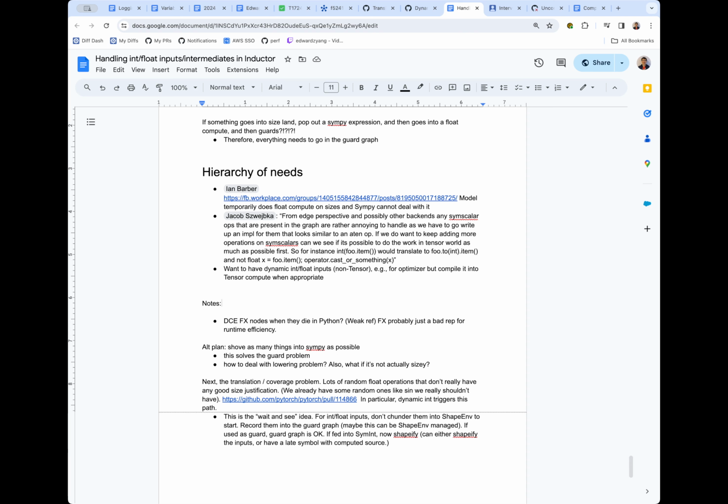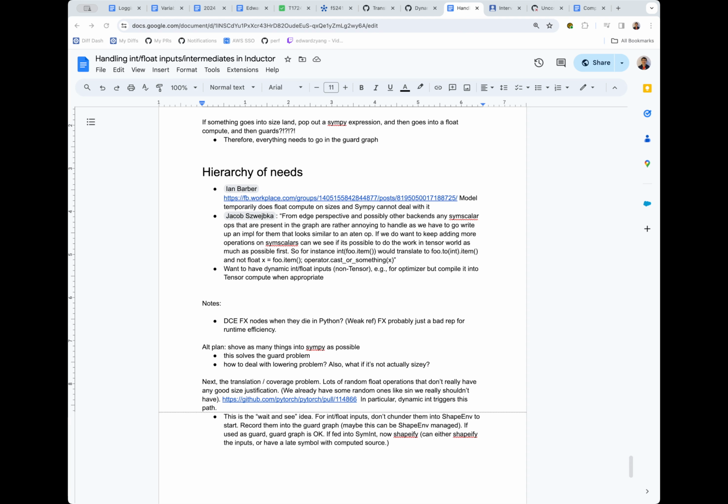Everything those quantities depend on is size-like and should not be tensorified, and then I tensorify everything else. Seems kind of complicated, but this is the best idea that I have right now. Opening the floor for questions or comments. I mean, what about stuff that's used both ways? If it's used by a size-like, then I don't want to do it in tensor. Okay. That's the answer.